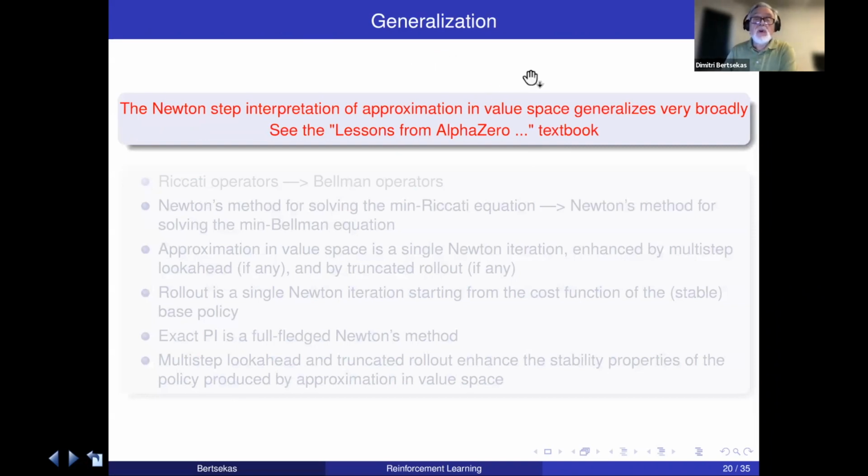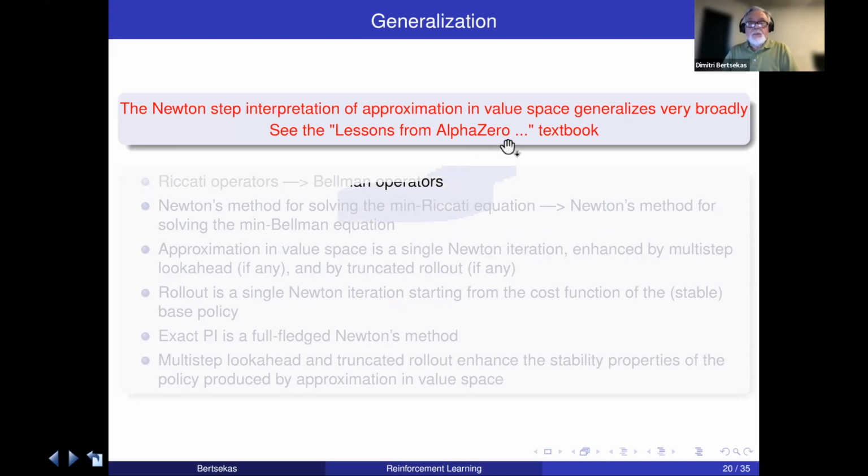Okay, so this is our last slide before we take a break. I just want to alert you that all of this is very, very general. The Newton step interpretation is fundamental in approximation in value space and generalizes very broadly. And your textbook is devoted to a large extent to that interpretation.